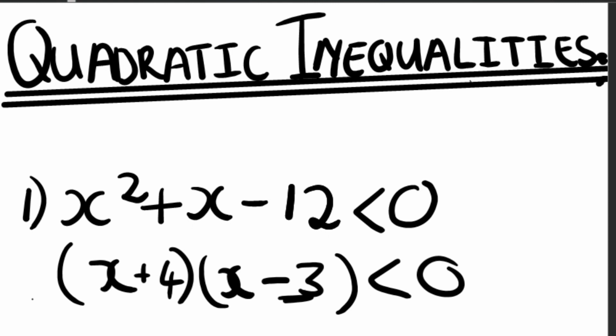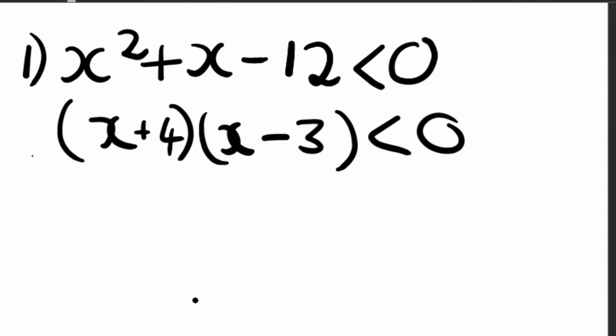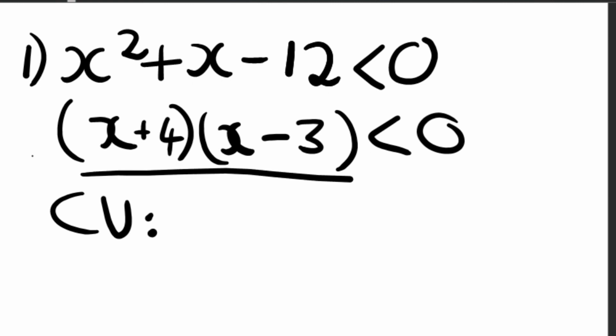Now we are looking for our critical values, CV for short. Critical values are the values that, when you plug them in as x, make the left side 0. That happens either when one bracket is 0 or when the other bracket is 0. Our first critical value is minus 4.